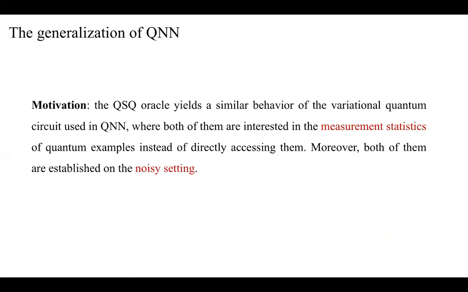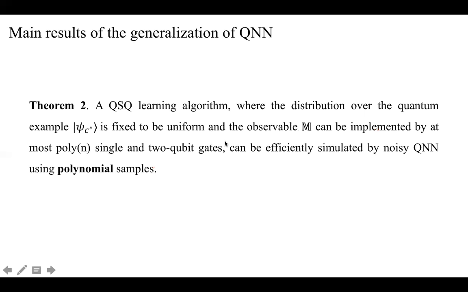The above lemma motivates us to rethink. The QSQ oracle has a behavior similar to the variational quantum circuit used in quantum neural networks, where both are interested in the measurement statistics of quantum examples instead of directly accessing them. Moreover, both are established in the noisy setting.